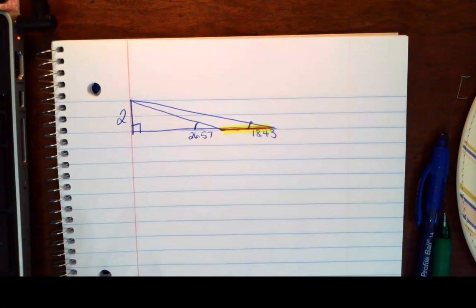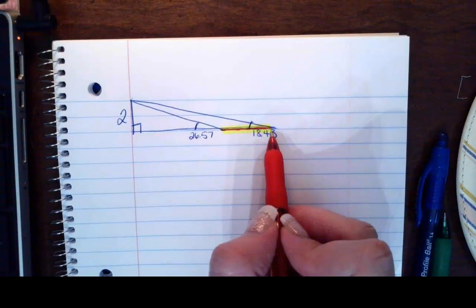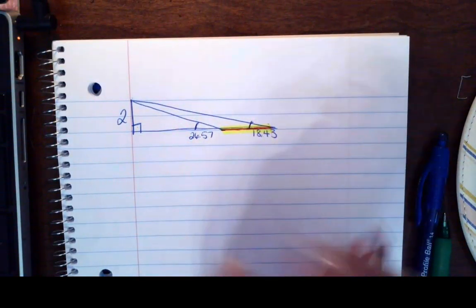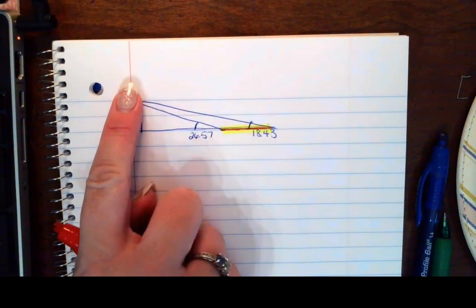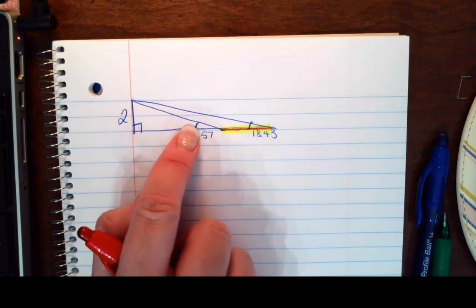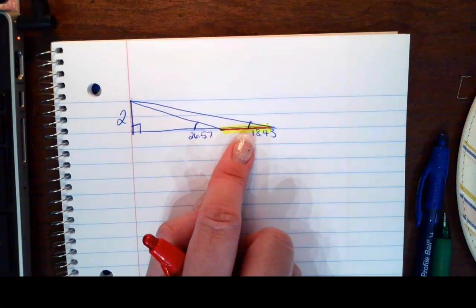All right, so what's my strategy? If I can find the entire side, so from here to here, which will be this big triangle, and subtract off the smaller side, which will be this interior triangle, I'll be left with the highlighted part.